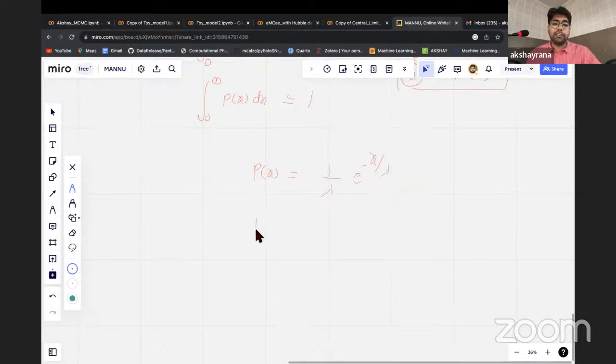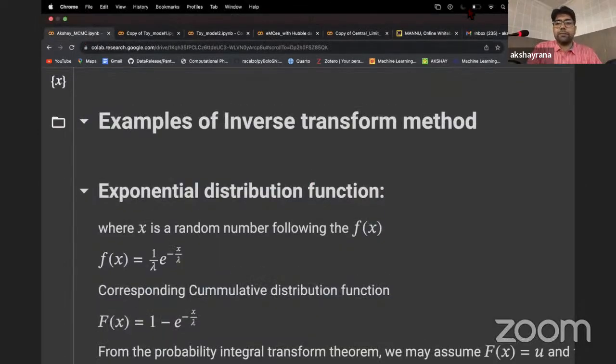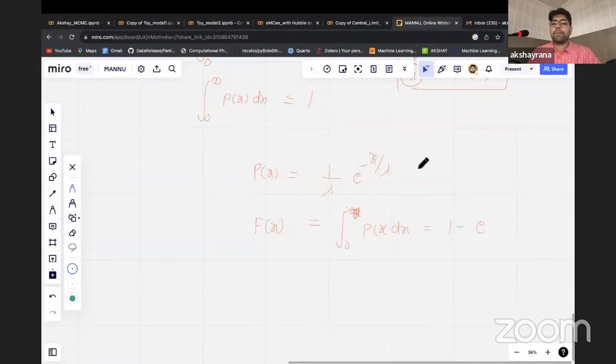Now your task is to find F(x). You integrate it from 0 to x, because I'm interested in p(x) dx, and we are saying it's 1 minus e to the power minus x/lambda.